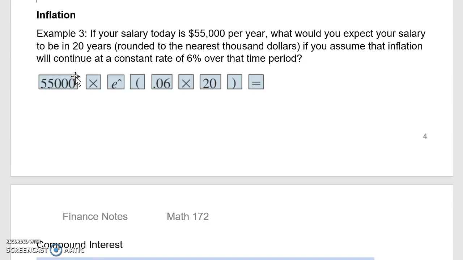I'm not sure if the TI requires it, but when I do that, I get $182,606.43. That would be my salary of $55,000 today, projected in 20 years with 6% inflation, and inflation is considered to be compounded continuously.